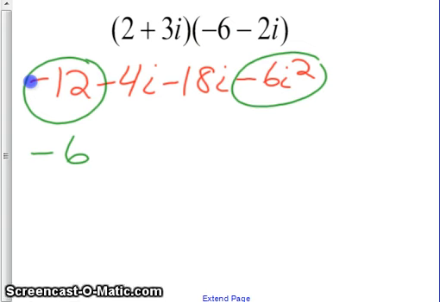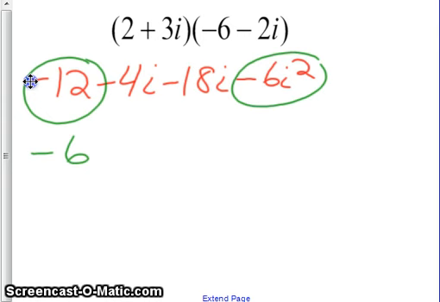I skipped a step. Was that too confusing? No. Sometimes it gets even more confusing when we write down the itty bitty steps.